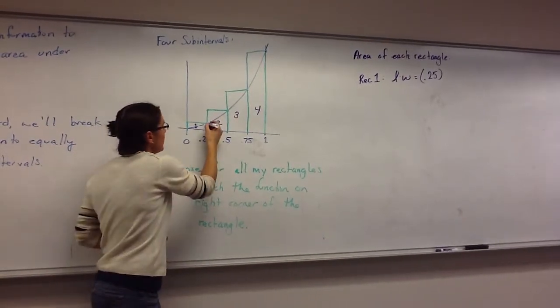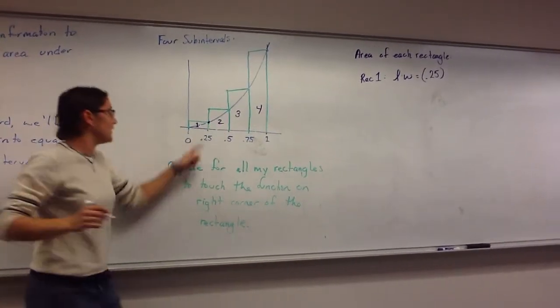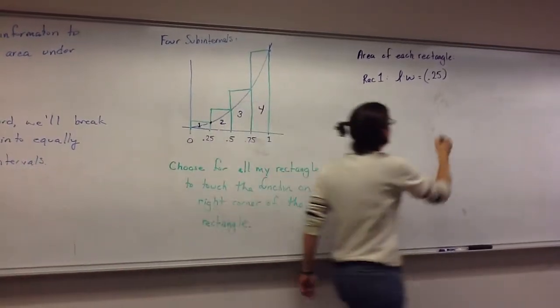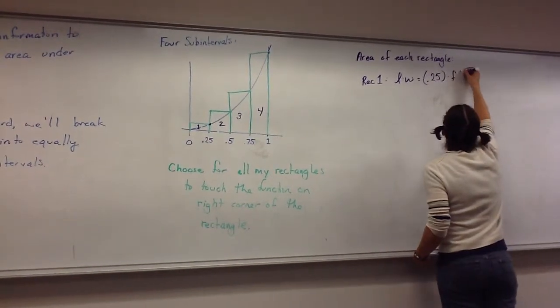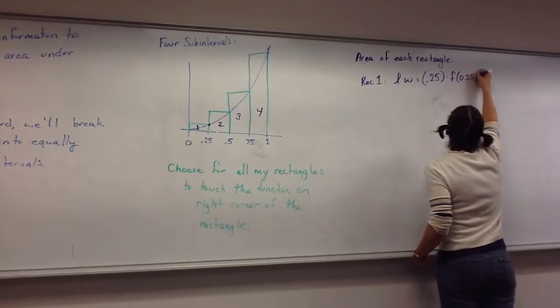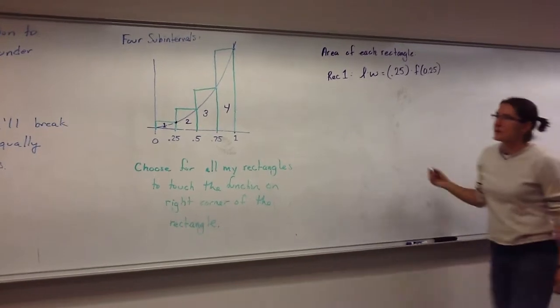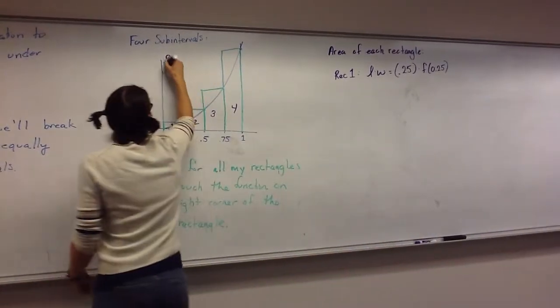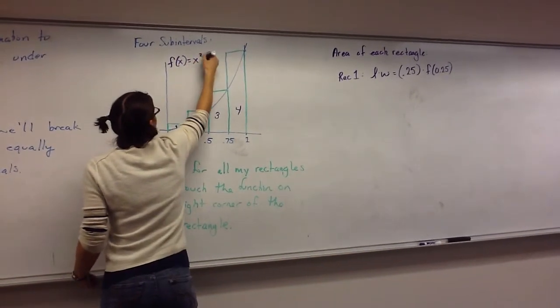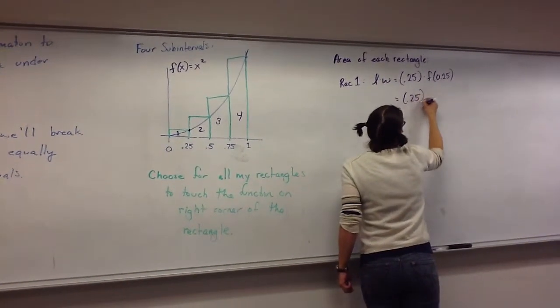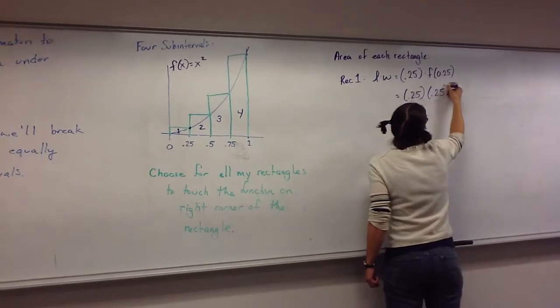So I need to know what the height of the function is right here at 0.25. So it's 0.25 times f of 0.25. Now our function is y equals f of x, which is x squared. So f of x equals x squared, which means in our case we've got 0.25 times 0.25 squared.